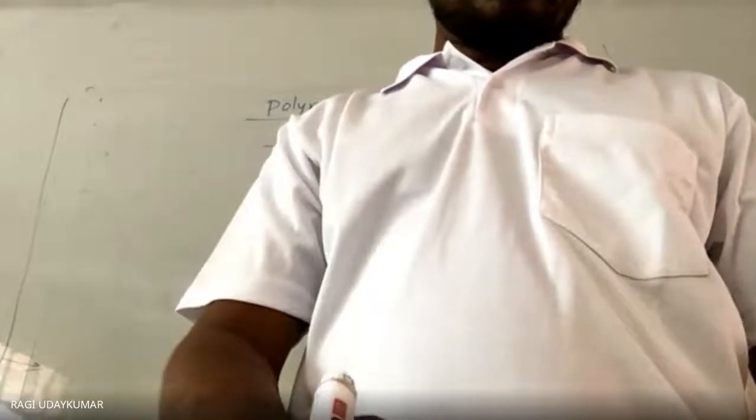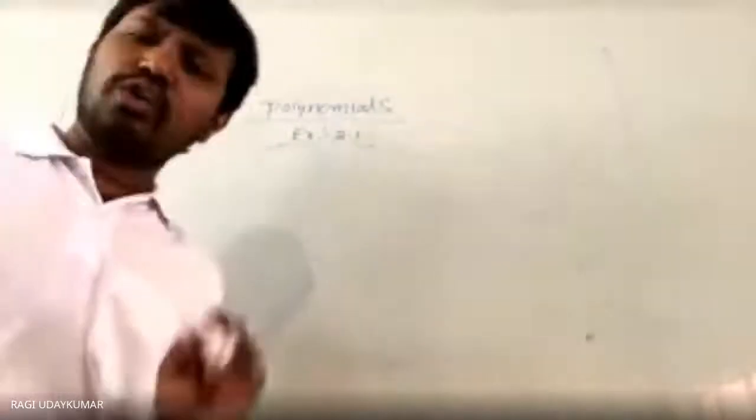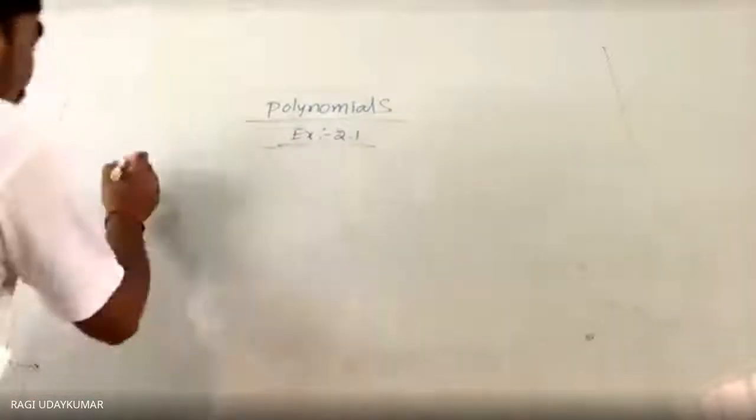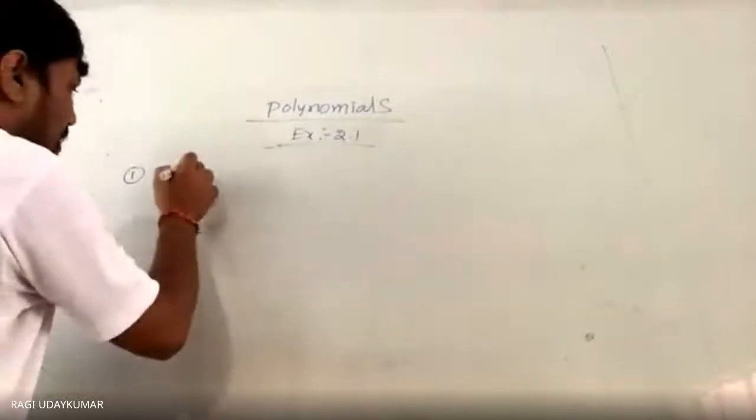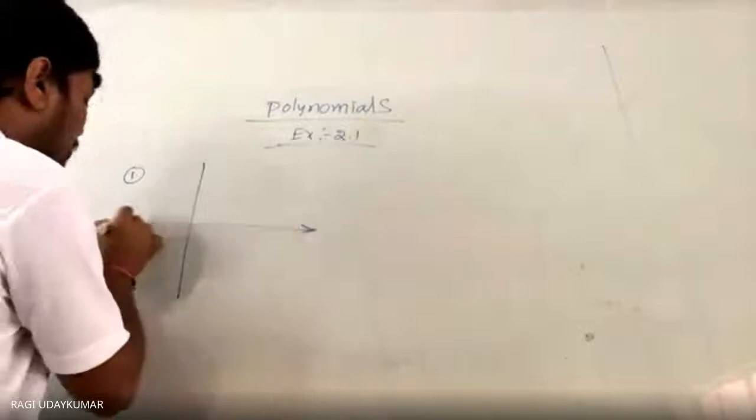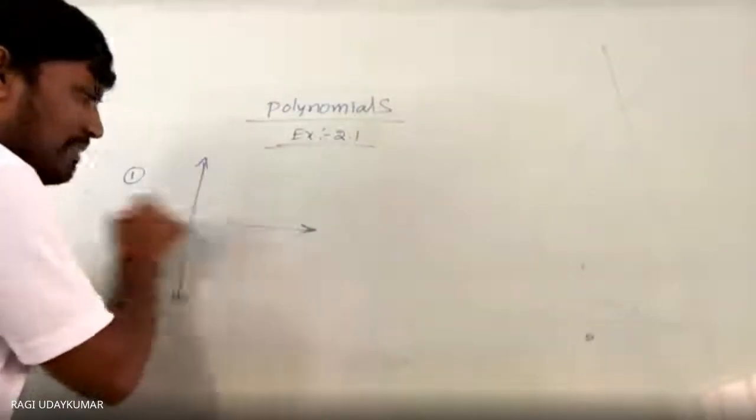The first exercise here, see that the question given is: the graphs of y equals f of x are given in the figures below for some polynomials. Find the number of zeros of the polynomial in each case. Now you will only say the answer. The first question: the graph is given to you like this. What is this axis called?